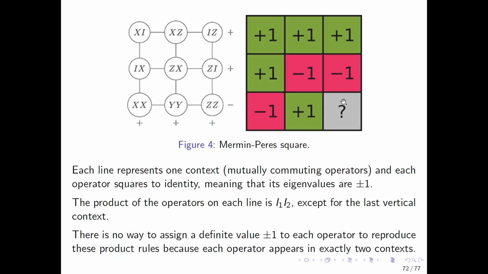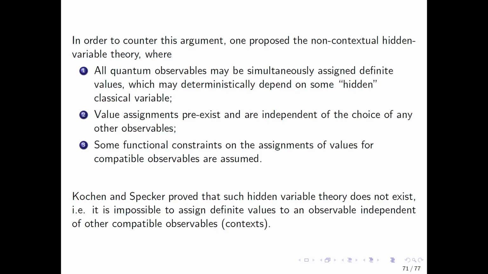But if you put +1 over here, then this line becomes -1, which contradicts what we get from the quantum results. Because there's no way to assign definite values for this Mermin-Peres square, it proves that there is no non-contextual hidden variable theory.